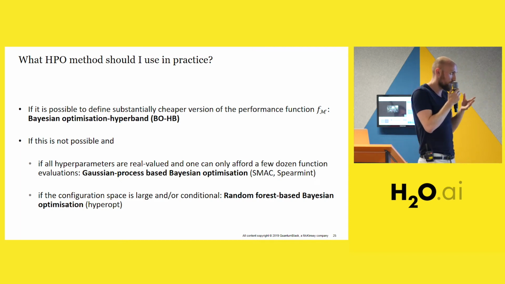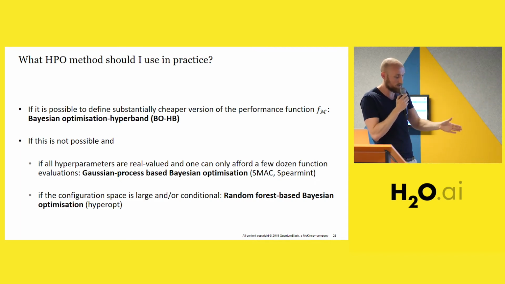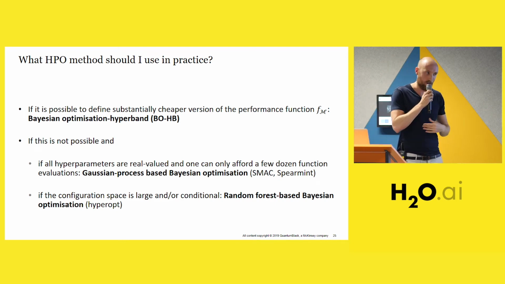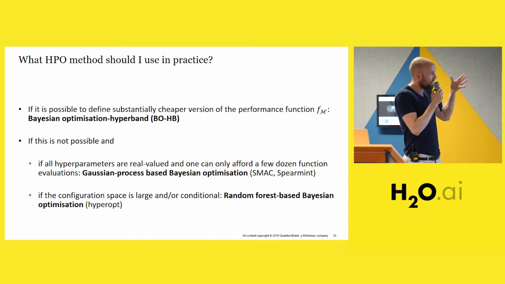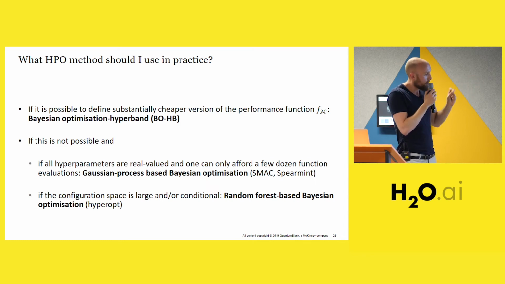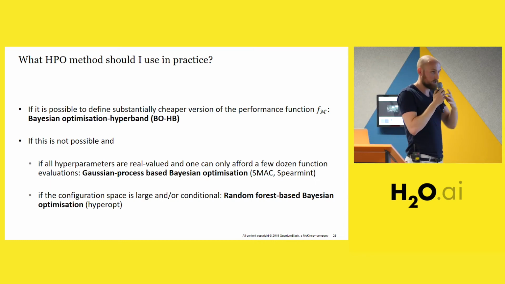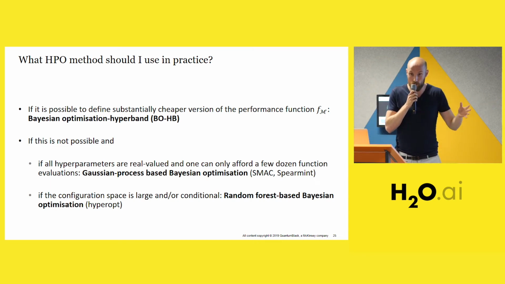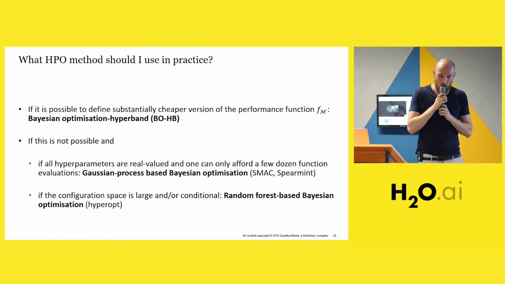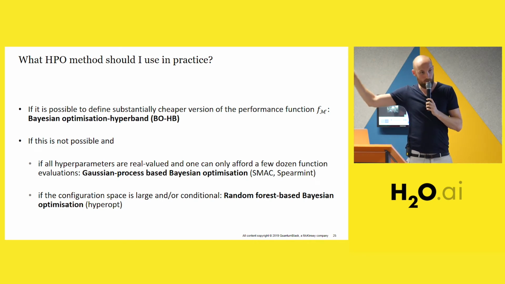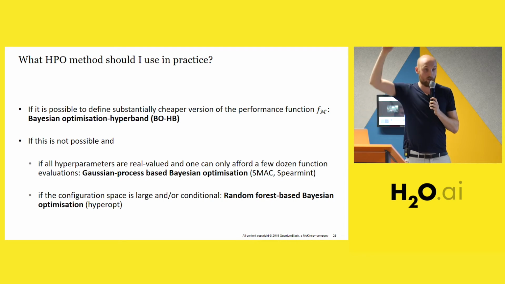And there's a little bit of guidance here. There are different Bayesian optimization implementations, and I've seen some of them work better in some cases than others. One key thing I wanted to highlight is if you have a configuration space that is either very large or very conditional. What I mean by conditional is if you have a search space that, for example, looks at a random forest model, an XGBoost model, and a linear model, each of those models will have more hyperparameters, but that's a conditional space.